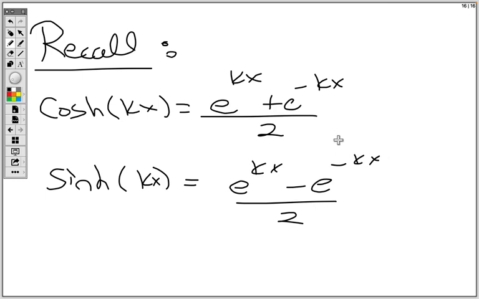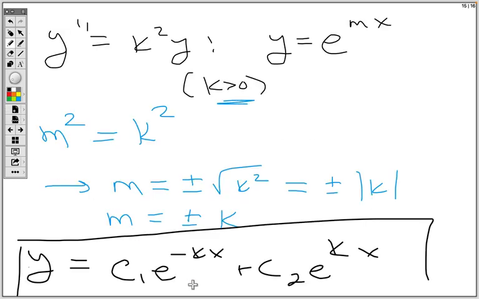So what you can do is, if you look at the solution we've got, it's linear combinations of e to the kx and e to the minus kx.